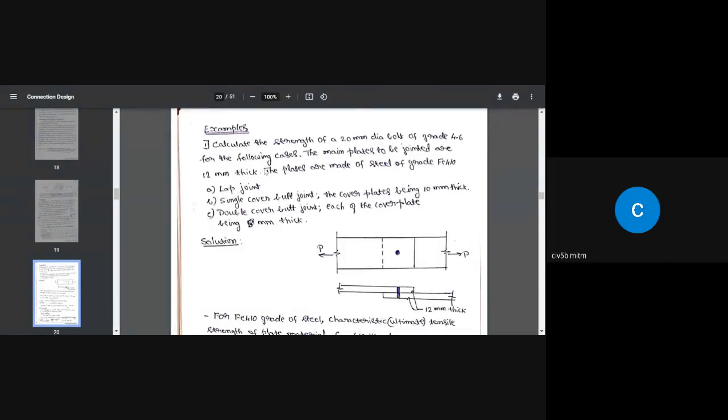Just to make you understand the concept of the bearing type of connection, this is a bearing type of connection. Only one bolt is taken, and once you understand the concept, then we can go further and increase the difficulty of the problems.